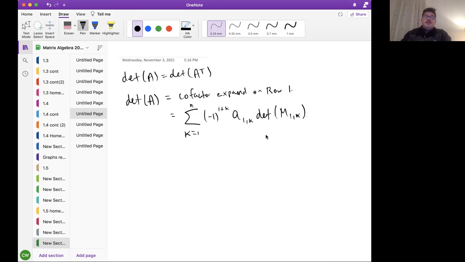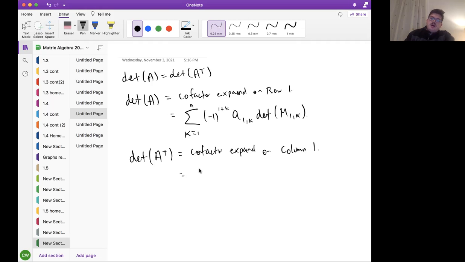So, and let's think about the determinant of A transpose, if we do the same, and let's do cofactor expansion on column 1.